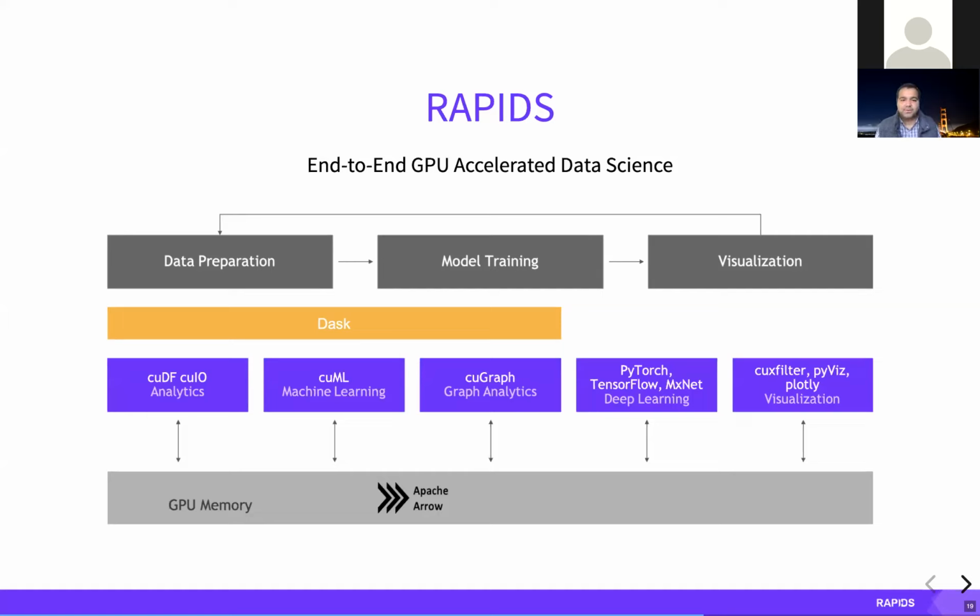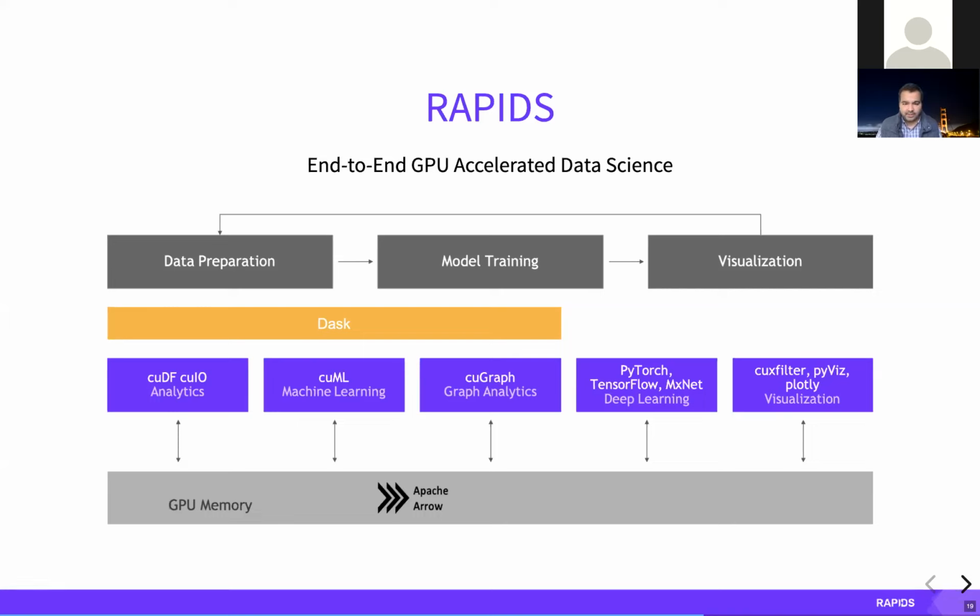The same is true for cuML, CUDA accelerated machine learning. We do the same thing for scikit-learn, where the API definitions look the same, but you have all of these acceleration opportunities within the machine learning algorithms that we implement behind the scenes, and you're able to access them using cuML.